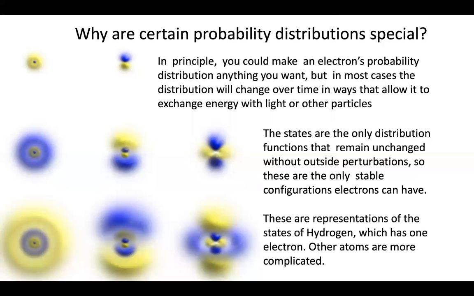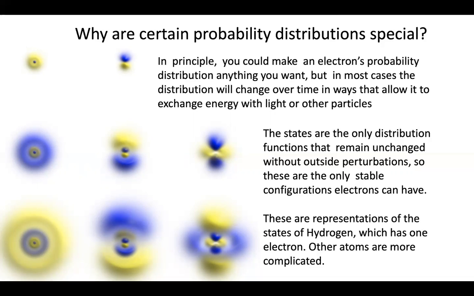In principle, you're right. You can create any distribution function you want. If you could imagine putting a little shell around the electron so it's certain to be in some region just off the center of the nucleus, you could do that. But, and this is the key thing, arbitrary distributions of probability aren't stable.